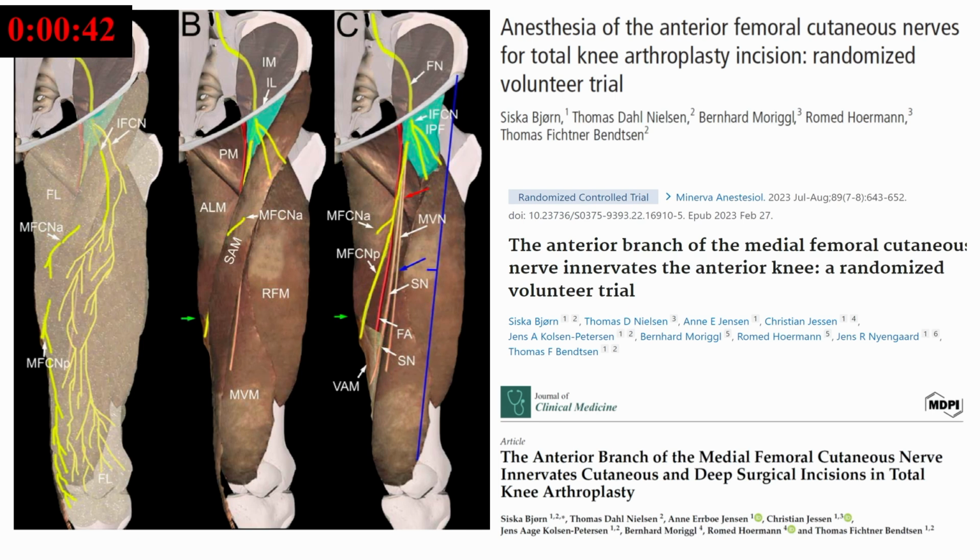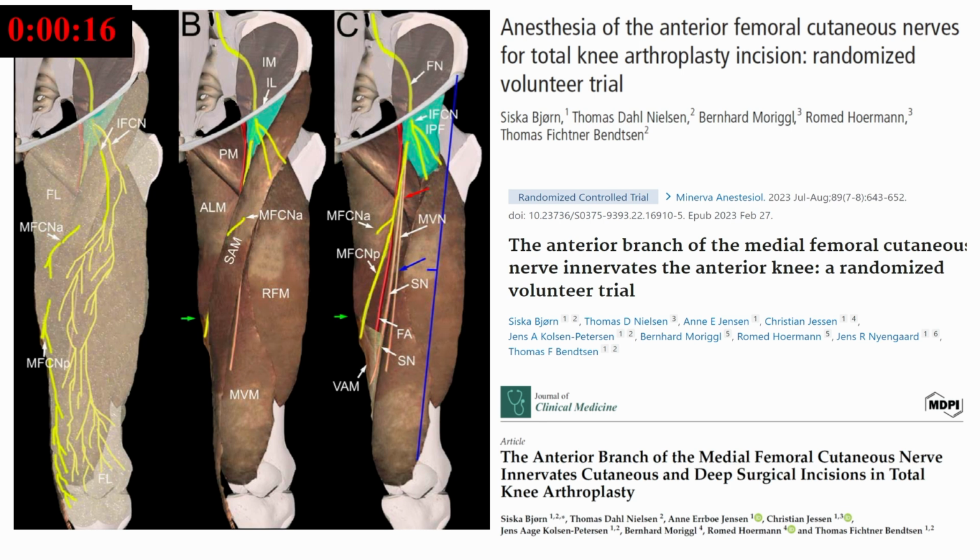This would not get caught whether you give a distal FTB or a proximal ACB. But the MFCN, the medial femoral cutaneous nerve, leaves the canal at the distal femoral triangle block level. So this group, Siska Bujan from Denmark, are heavily propagating that we should block MFCN separately and IFCN separately.